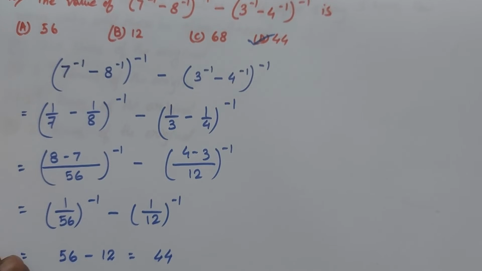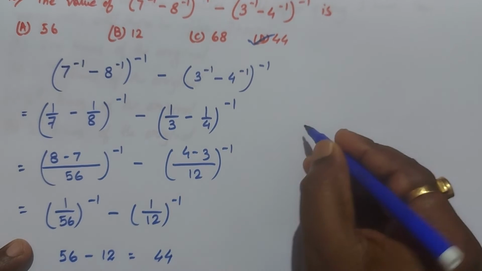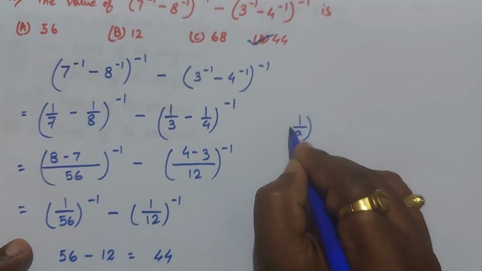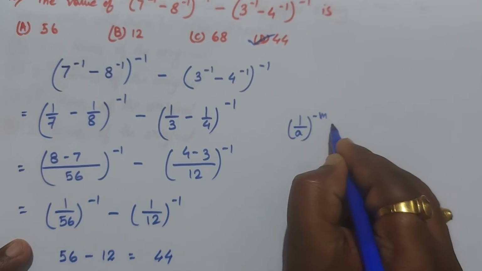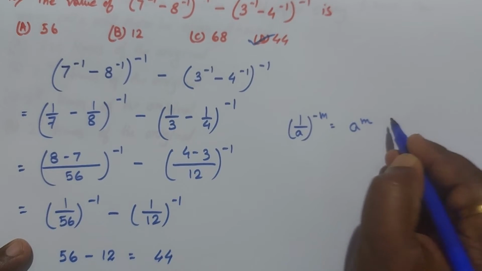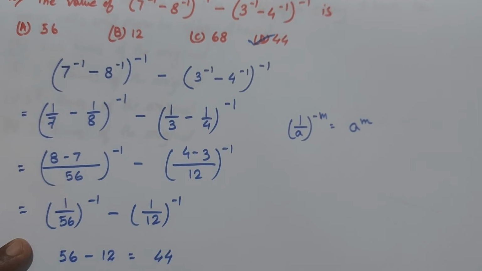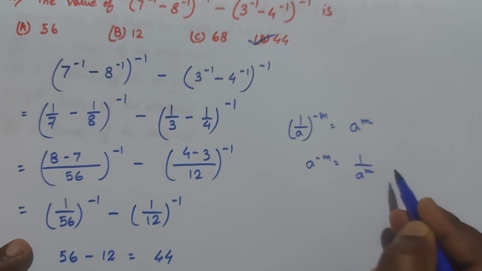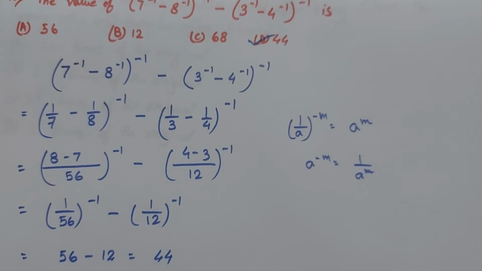Here the indices formula used is 1 by a whole to the power minus m equals a to the power m, or a to the power minus m is equal to 1 by a to the power m. This formula is used here.